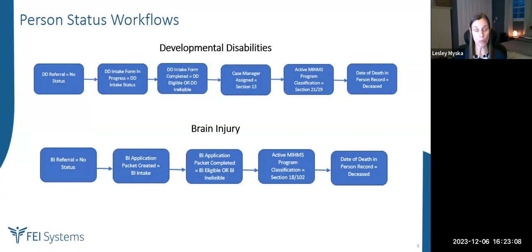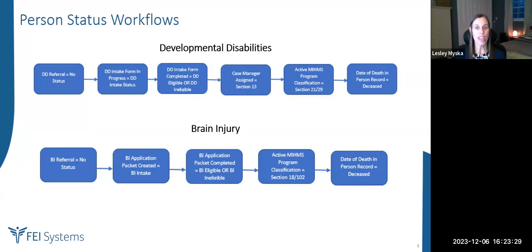So at which point, I'm going to go with the deceased, because most people do stay on services, I think, until they pass away. So once the person passes away, then when the date of death gets added to their person record, their status will show as deceased.